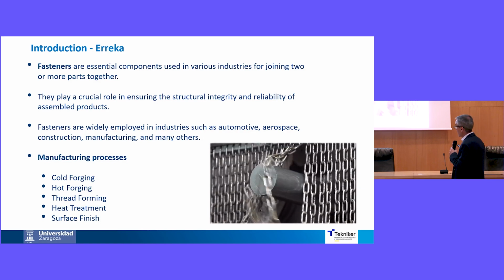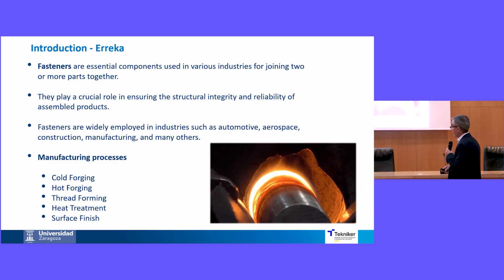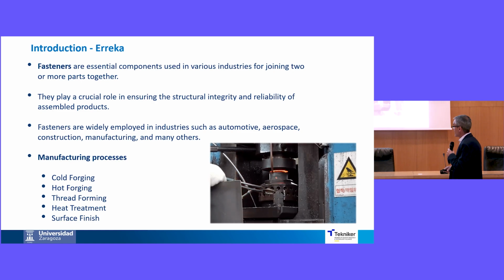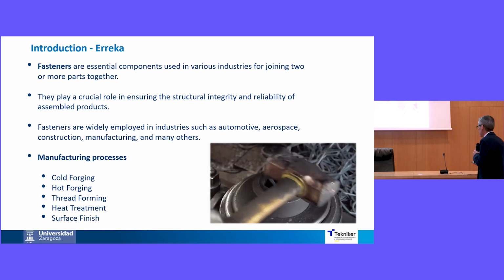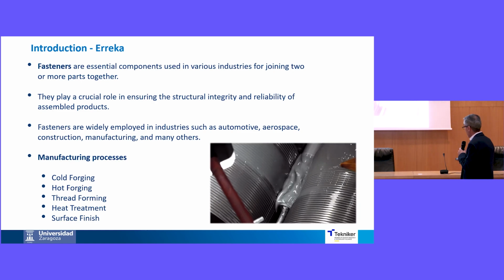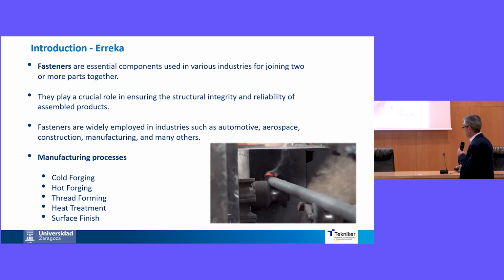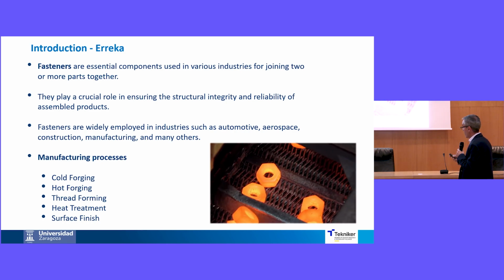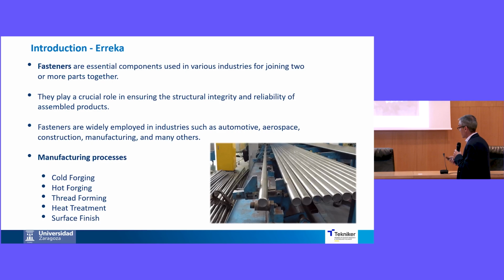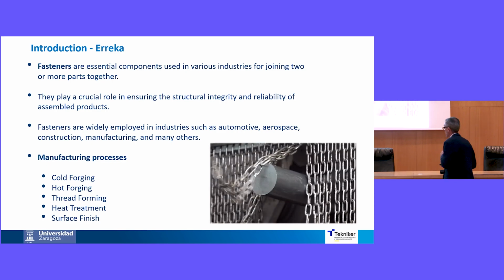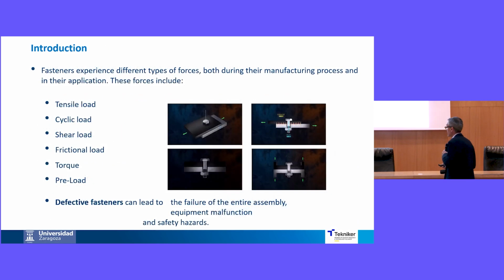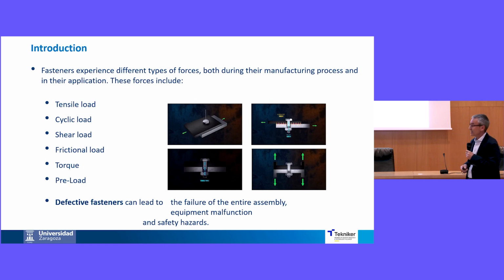The industrial problem is in Eureka, where they are manufacturing fasteners. That manufacturing involves cold and hot forging, thread forming, heat treatments, and surface finishing, and these kinds of products are important.